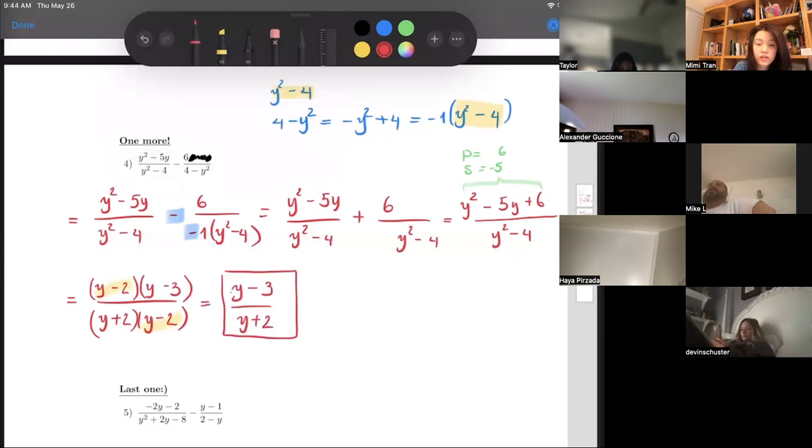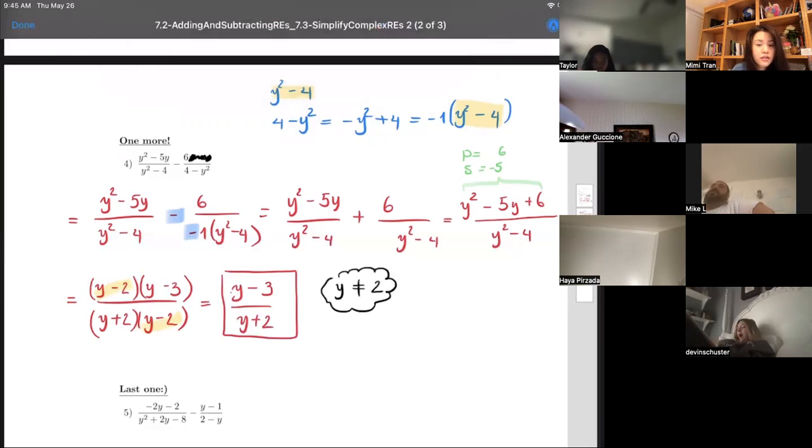Now, if you are a true math student, you will do this. When you cancel y minus 2 over y minus 2, as long as y cannot be equal to what? To 2, because you cannot divide by 0, right? But I'm not going to make you do that on the exam. But usually when you go to higher level math, a lot of professors are kind of picky about this.